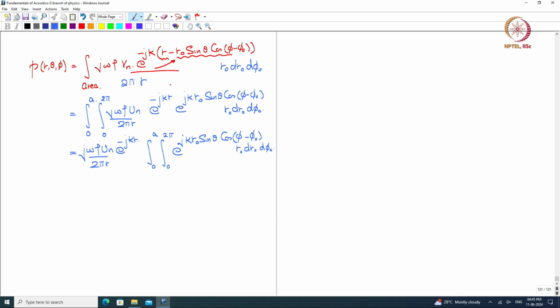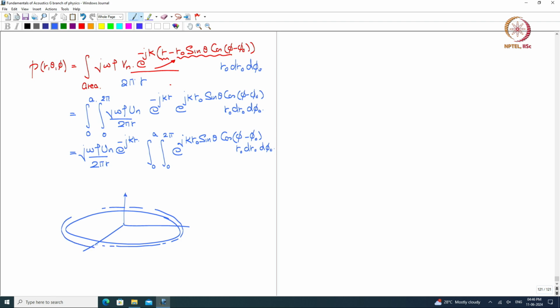Now, if we look at this field here, this is my piston, and it's oscillating back and forth, and phi goes here and comes back to 2 pi here.